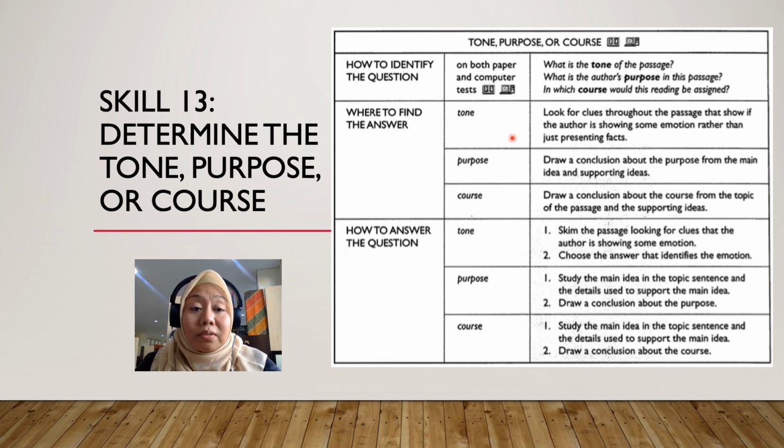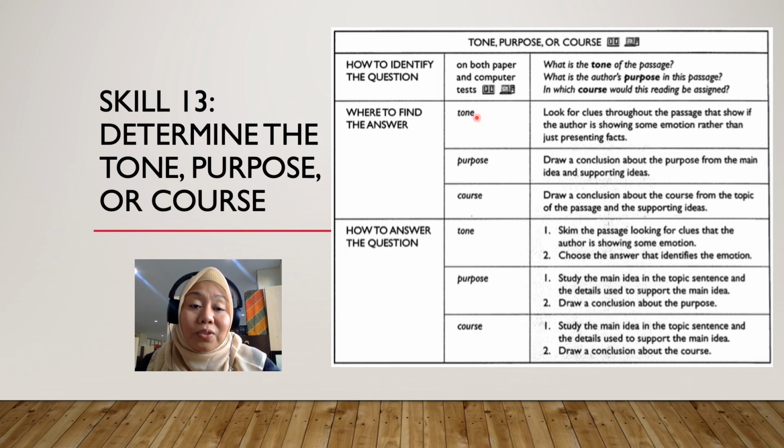For the tone, you can look for the answer by trying to find clues throughout the passage that show if the author is showing some emotion rather than just presenting facts. So you might know if the author is emotional in presenting something or just presenting some facts, right?